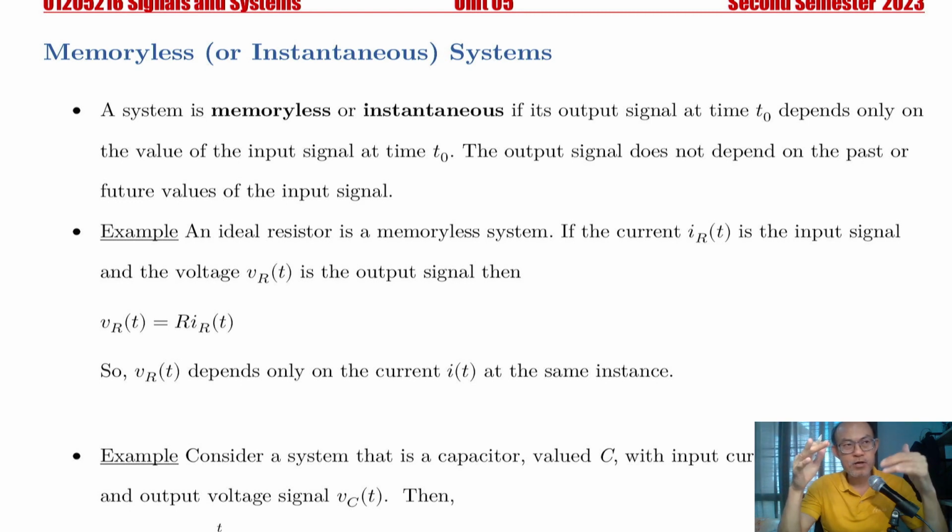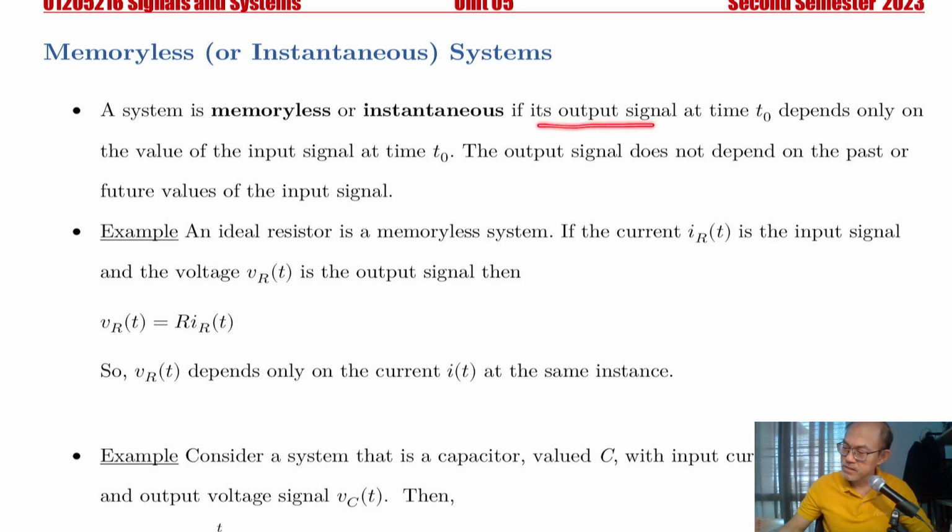It just depends on the present input. Only the value of the present input can affect the value of the present output, not the past, not the future input. If your system has this property, then your system will be called a memoryless system.